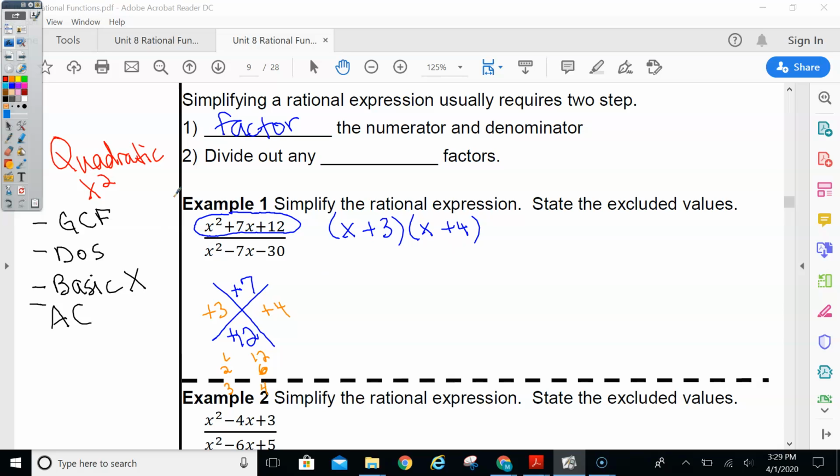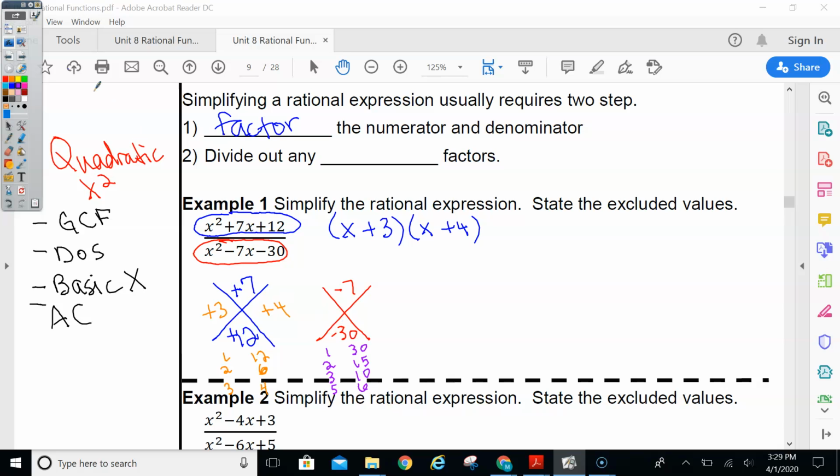And we do the same thing for the bottom part. Since it's a trinomial, and there's not a number in the front, we do an x, with the negative 30 and the minus 7. So 30, 1 and 30, 2 and 15, 3 and 10, 5 and 6.